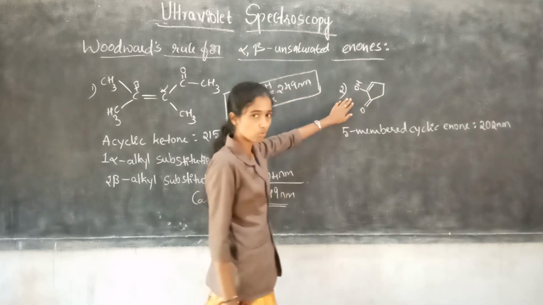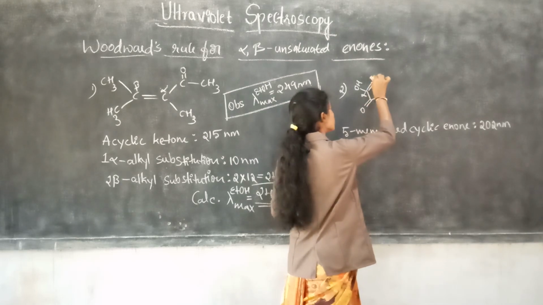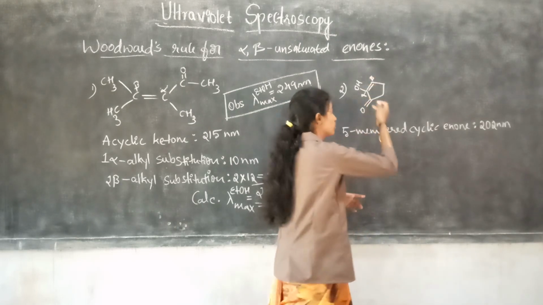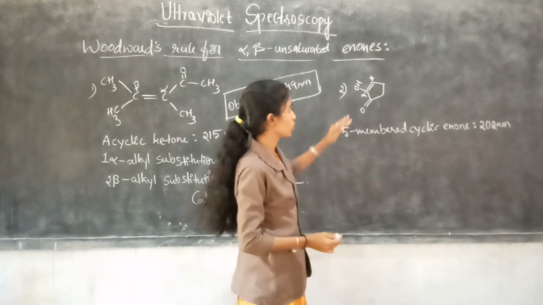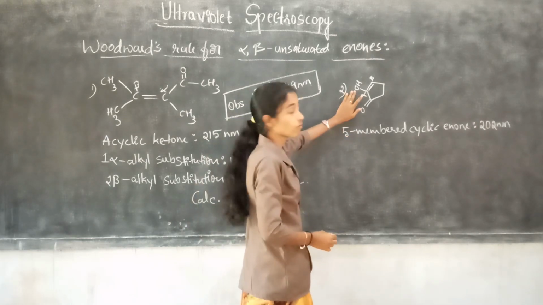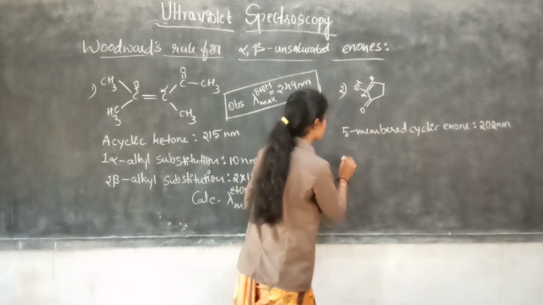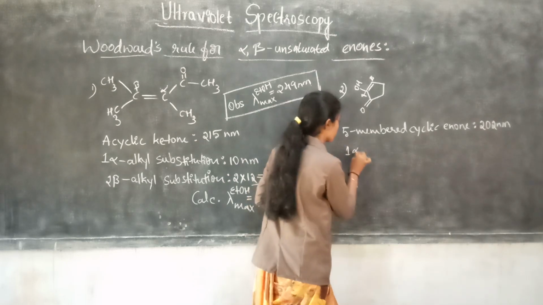Next, what we have to do? We will assign alpha and beta position. From this we can say that at alpha position we have one hydroxy substitution.